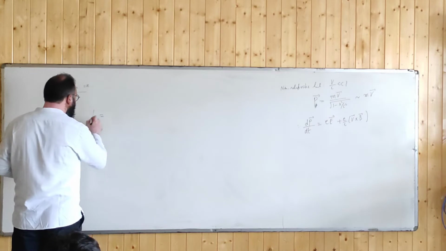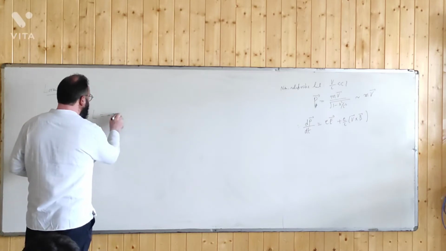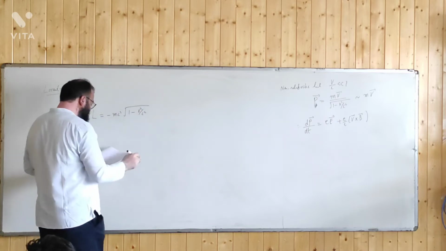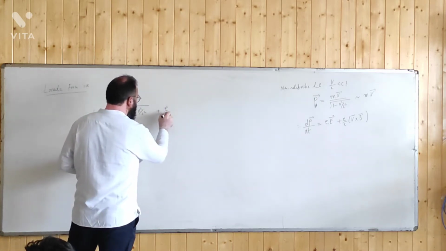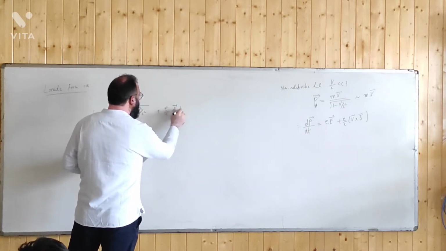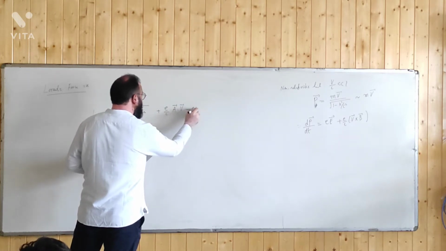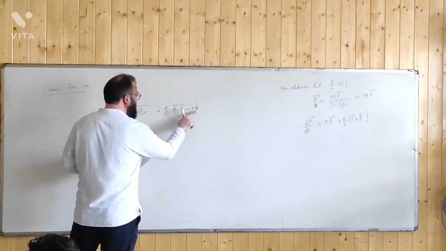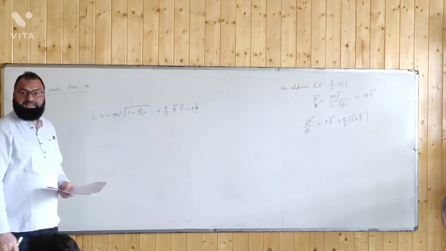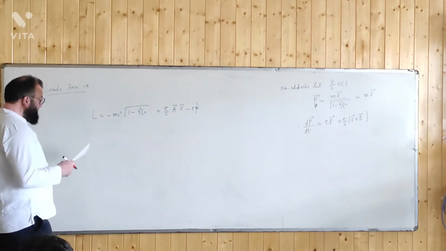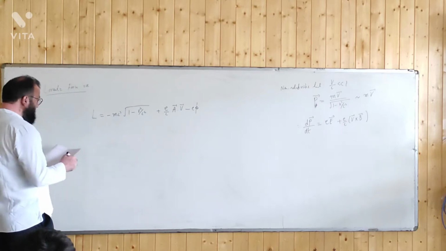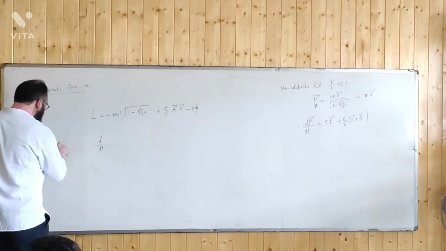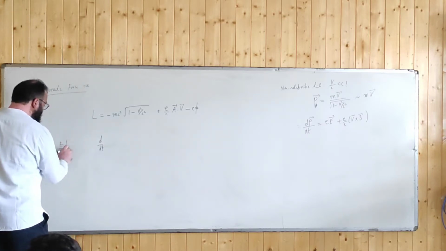So our Lagrangian is equal to minus m c square root of 1 minus v square by c square, plus e by c A dot v, minus e phi. Here A is the vector potential and phi is the scalar potential. Clear? So what is the Euler-Lagrange equation, which we know from classical mechanics?